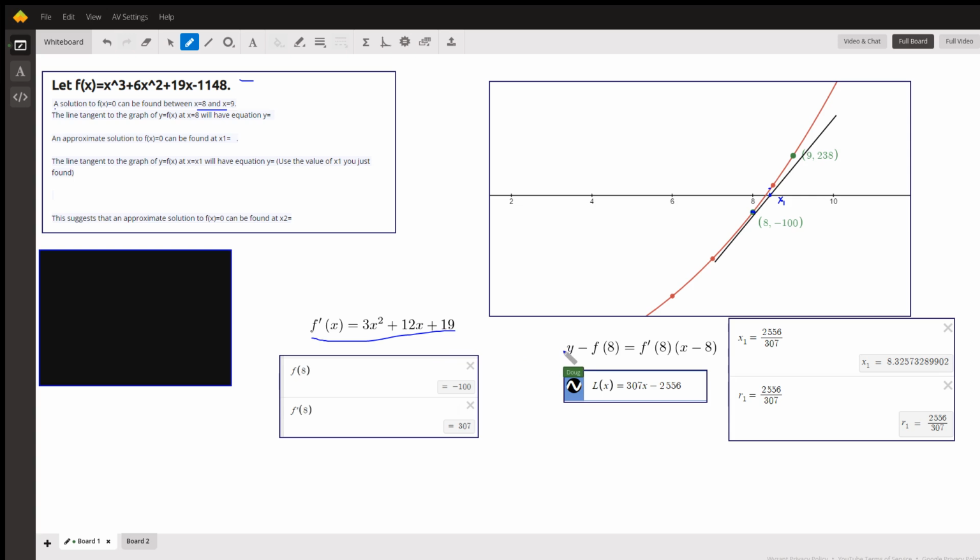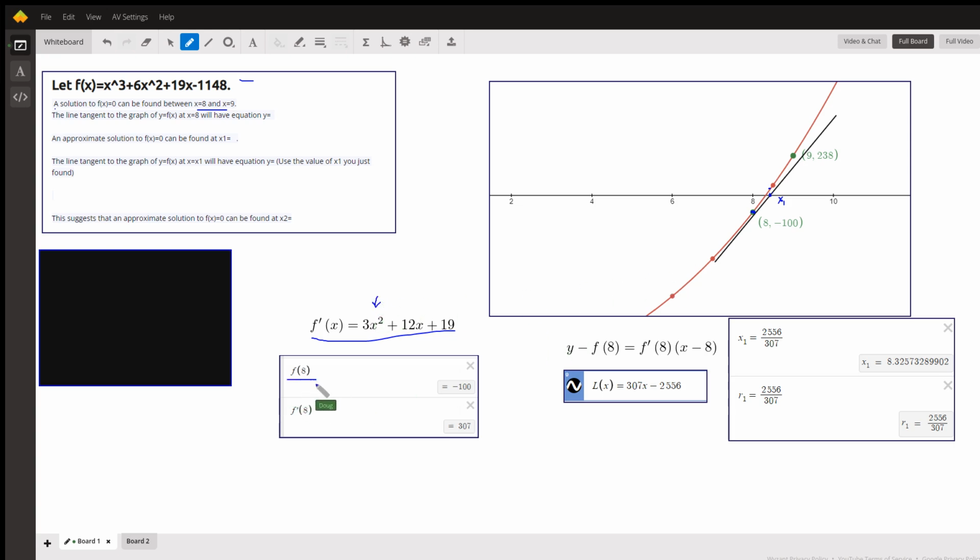And point slope would say y minus y sub 1 equals m times x minus x sub 1. Well, we know the point, (8, -100), and we know that f prime is this formula. So if we plug 8 into here, we'll get the slope of that line.